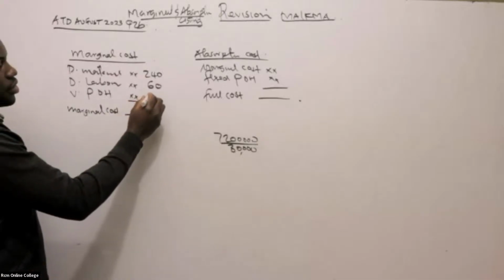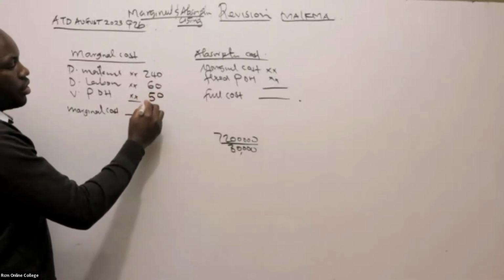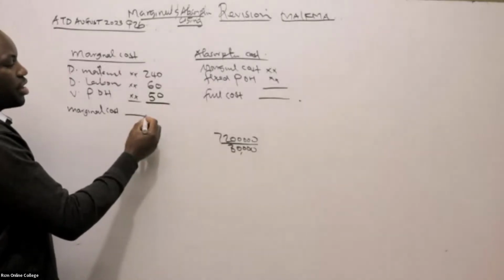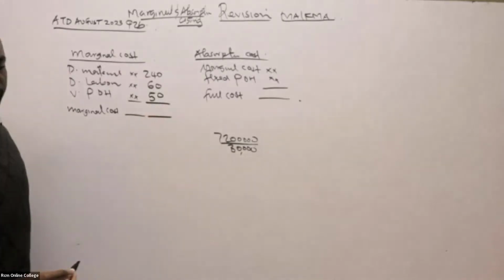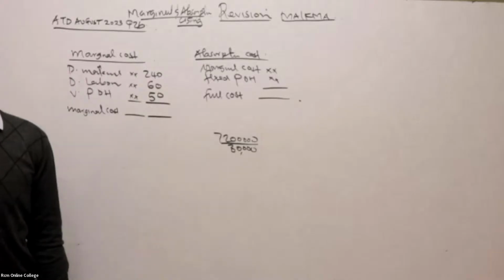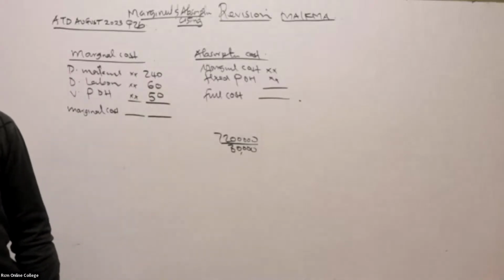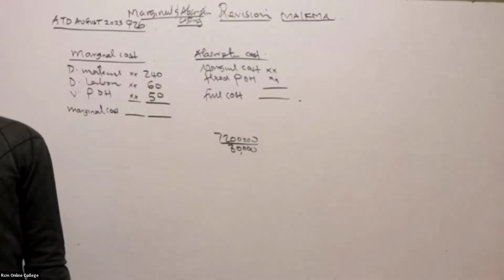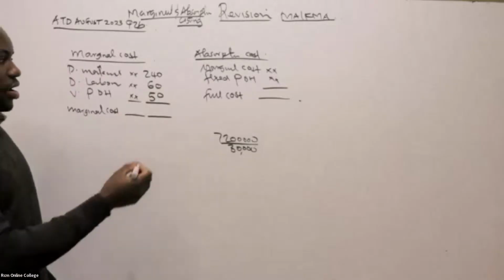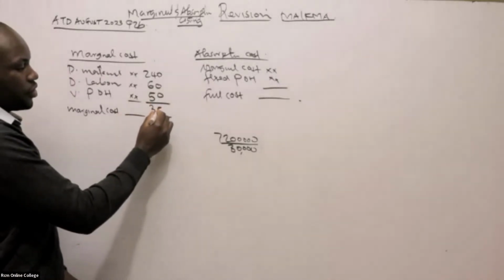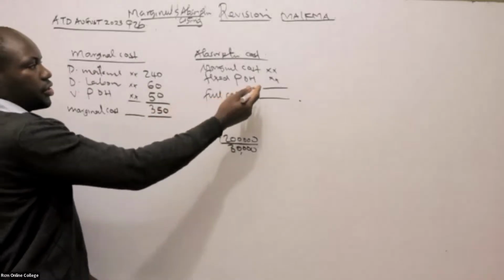It will give us 50. So when you add all the three, you'll be getting what you call marginal cost. So what's our marginal cost? 350.